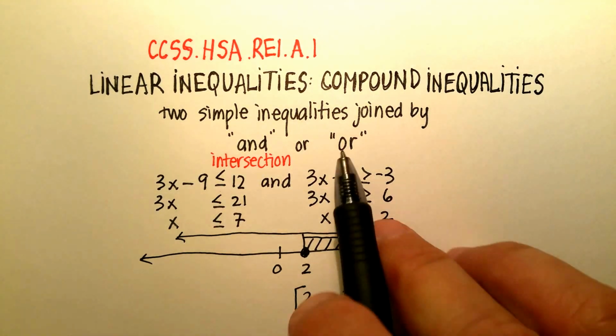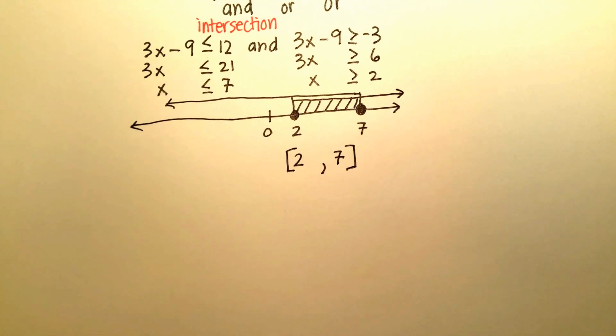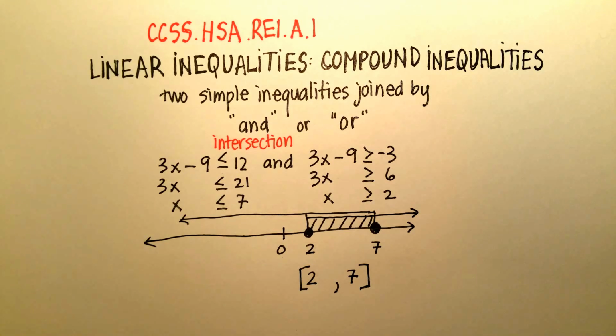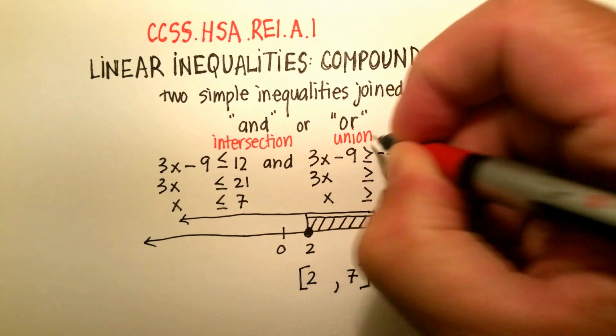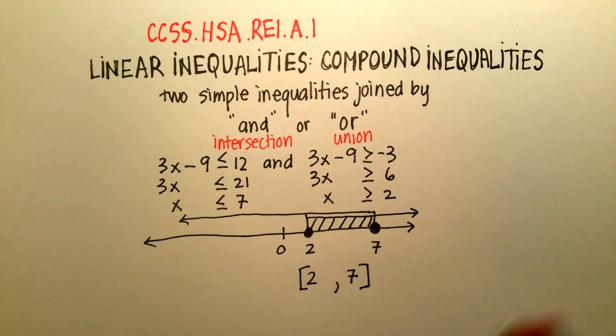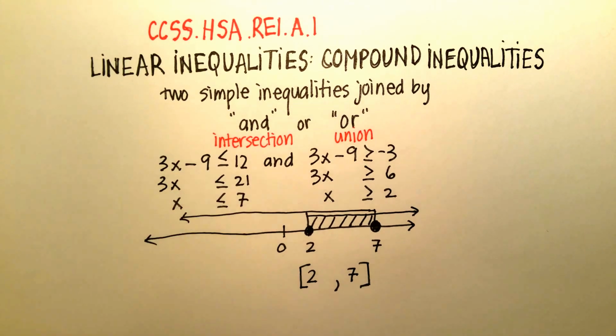Now, what about an or statement? Let me show you an example there. Actually, before I get up there, or usually implies a union of two different answers that don't overlap one another. Here's an example.